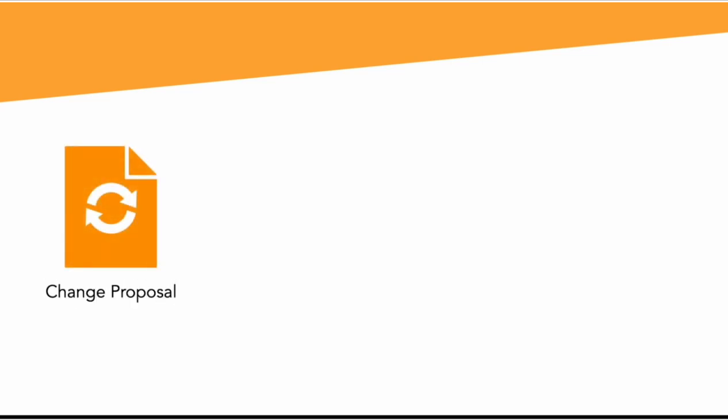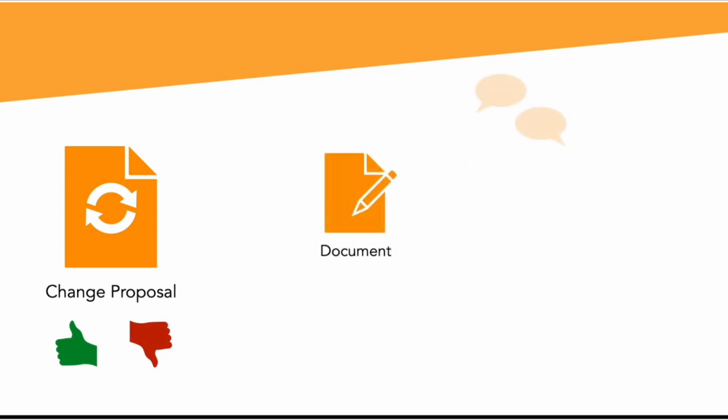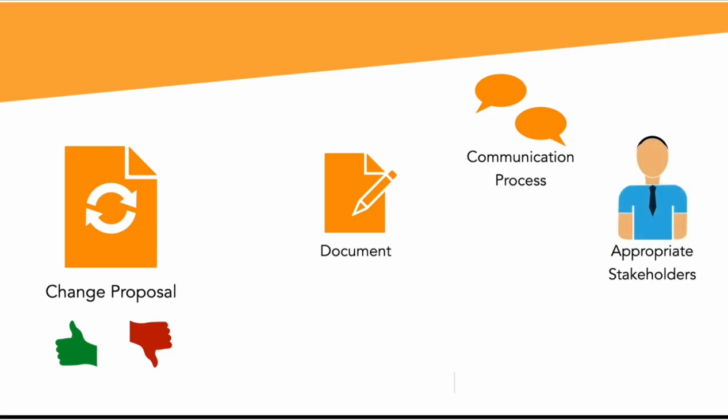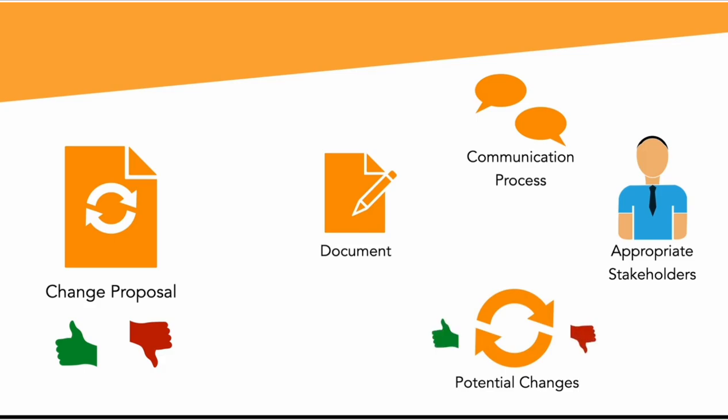However, whether he accepts or rejects a change proposal, we need to be able to document that. And there needs to be a communication process by which you're informing the appropriate stakeholders of potential changes that you're approving or not.